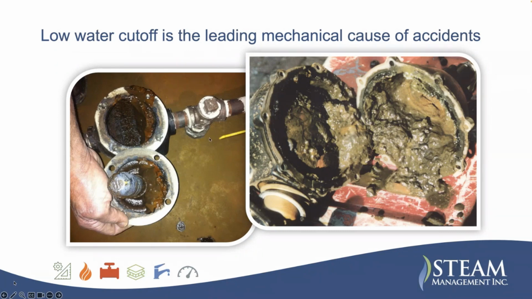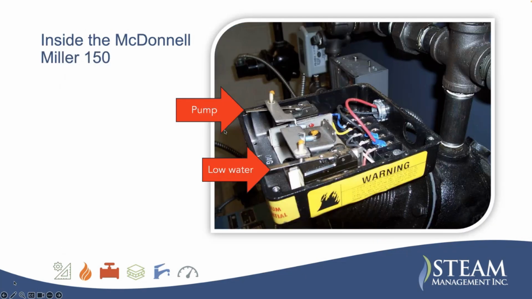Now, the float inside a low water cutoff looks like something inside the toilet bowl on your toilet. So it's a little float that's going to go up and down. That's just what this is here. Inside the McDonnell Miller 150, these are really common on steam boilers.